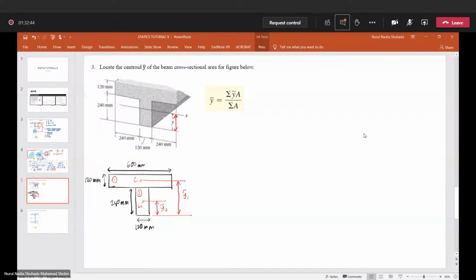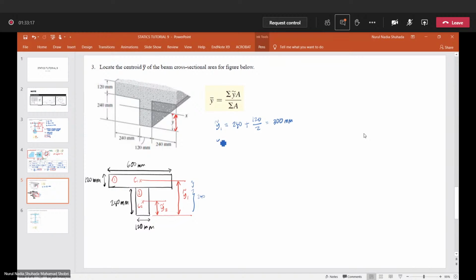The value of centroid y for segment 1 is equal to, as you can see, we have here 140 and then another small part here. So that means 240 plus 120 divided by 2, and that will give you 300 mm.